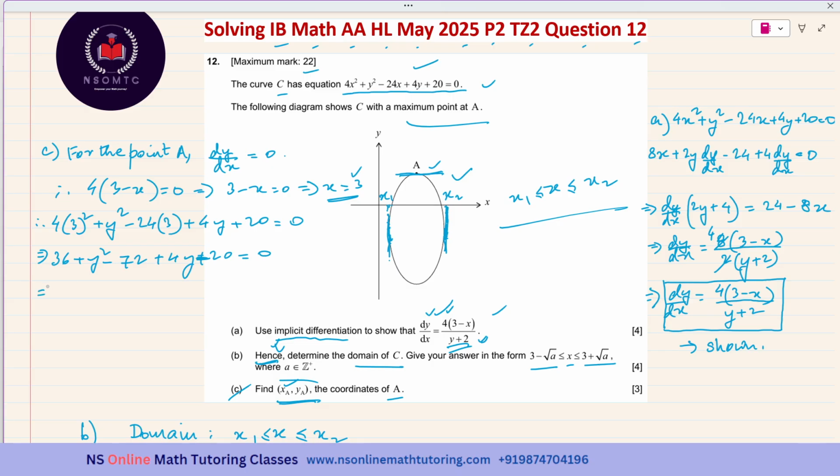We are having y square plus 4y, and 36 minus 72 is minus 36, and plus 20 is minus 16.